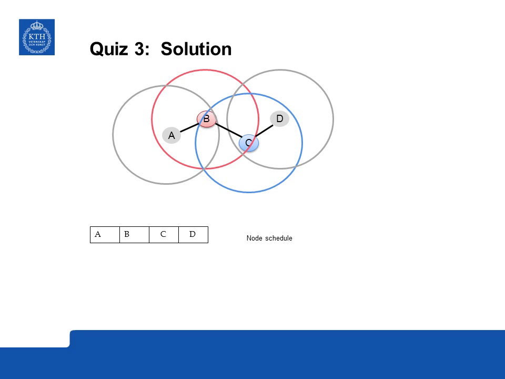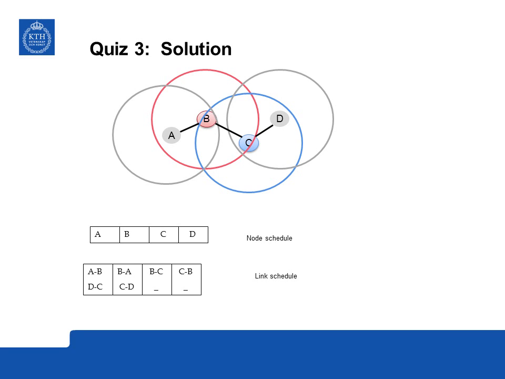And here is the solution to the quiz. First, we can see that the node schedule is of course very simple. It enables the 4 nodes one at a time in each slot. So this gets you a 4-slot schedule. As we try to make a link schedule, we can see that there are 6 possible links, and you can see that the link A to B can share the same slot as D to C, as the gray circle around A and the gray circle around D do not intersect.